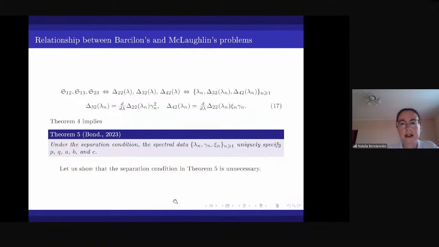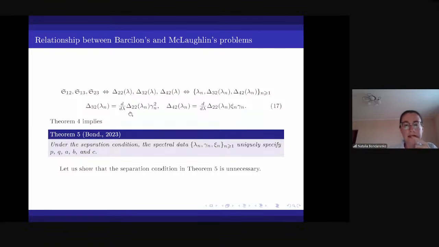Here are exactly the relations. Recall that if we have these three spectra, then we have these three characteristic functions. Moreover, instead of delta 3,2 and delta 4,2, we can equivalently consider only the values at the points lambda_n. Using the estimates, it can be shown that they are uniquely interpolated by these values.